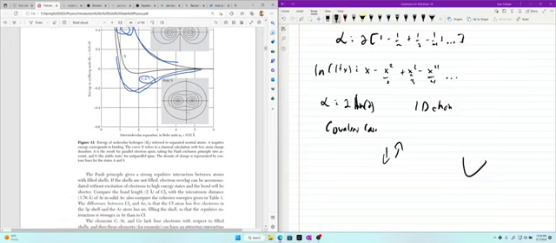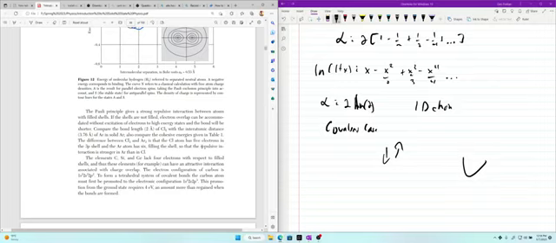Okay, so the Pauli principle gives a strong repulsive interaction between atoms with filled shells. If the shells are not filled, the electron overlap can be accommodated without excitation of electrons to high energy states, and the bond will be shorter. So let's compare the bond length of 2 angstroms of Cl2 with the interatomic distance of 3.76 of argon in solid argon, and we can compare the cohesive energies given in table 1.